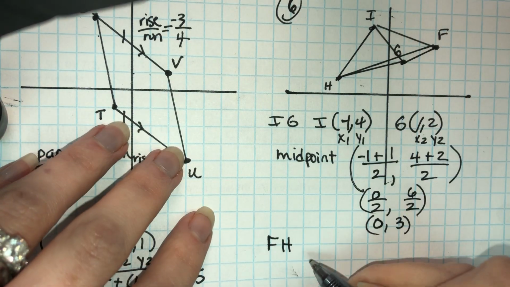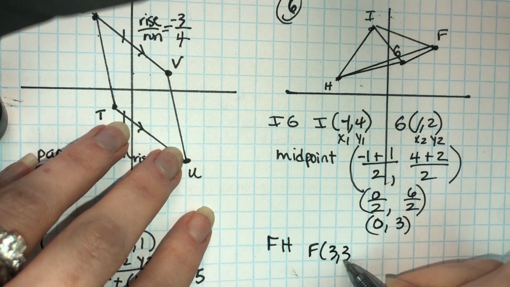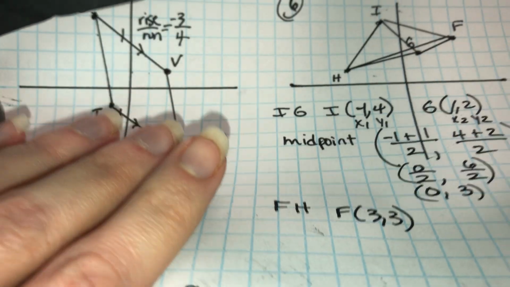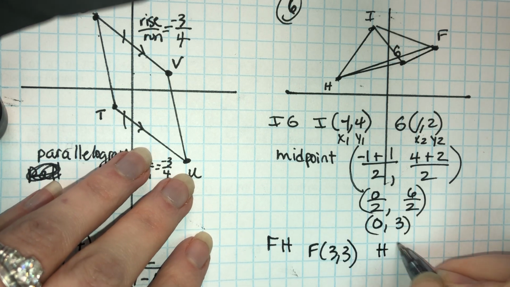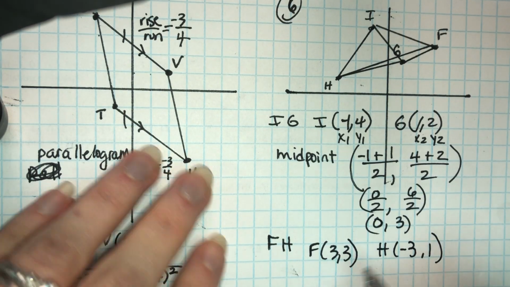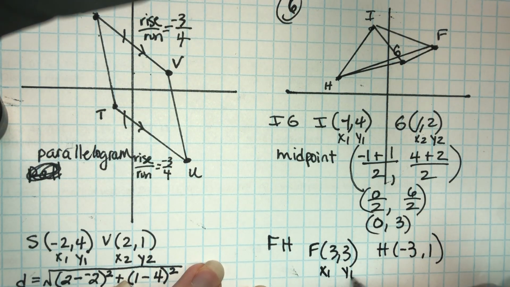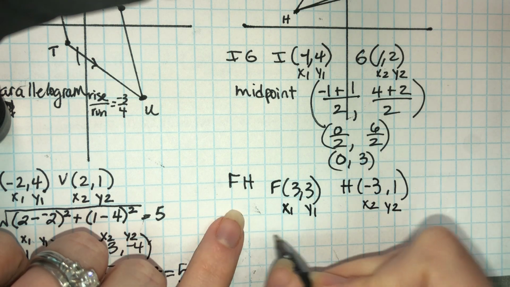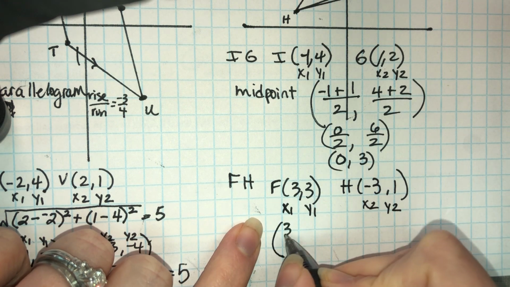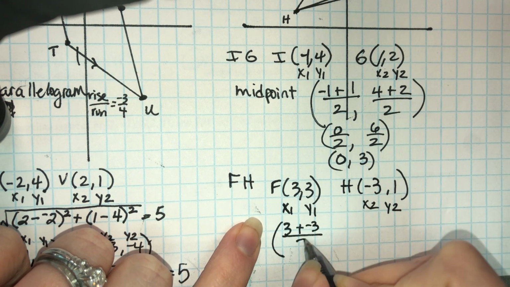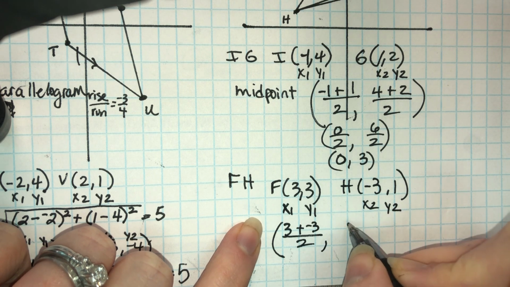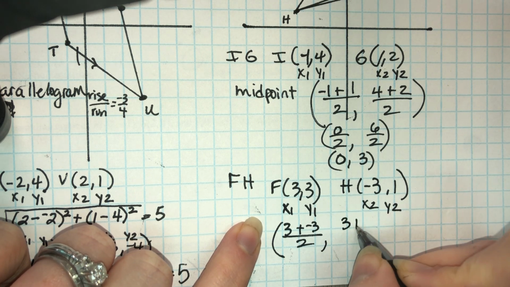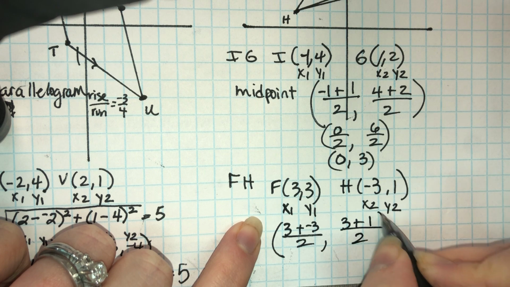So the midpoint of FH. F is at 3, 3, and H is at negative 3, 1. So x1, y1, x2, y2. And we need to find that midpoint using that same midpoint formula. Add the x's, 3 plus negative 3 divided by 2, and add the y's, 3 plus 1 divided by 2.